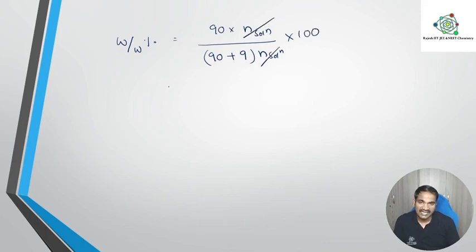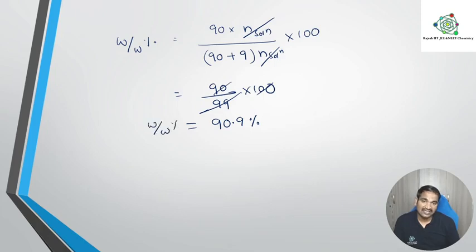These both get cancelled, so we simply take 90 by 99 into 100. By the cancellation, the second solution concentration is 90.9% mass percent.